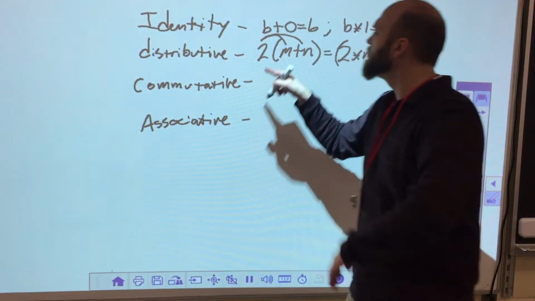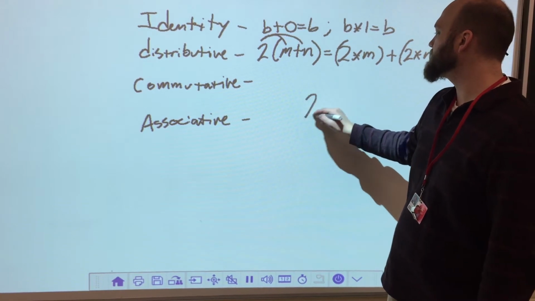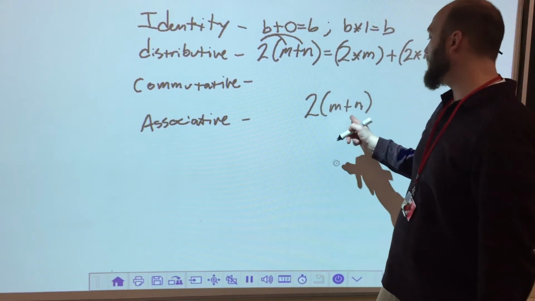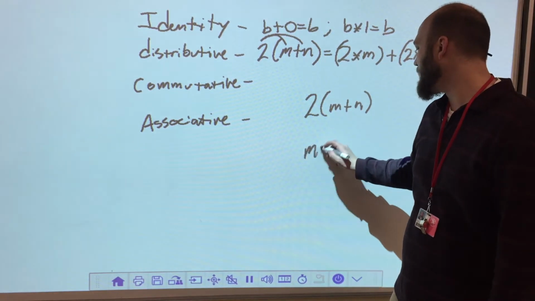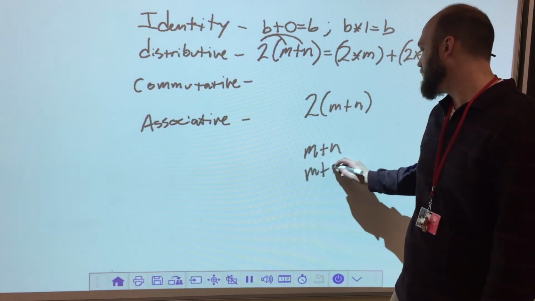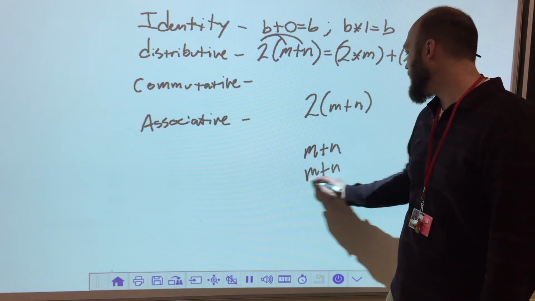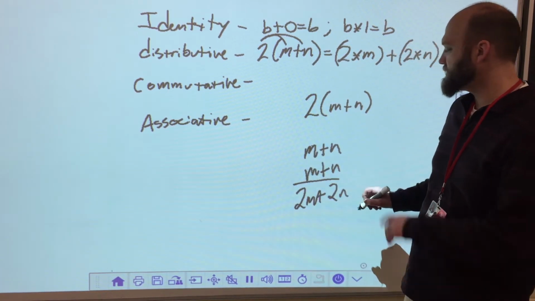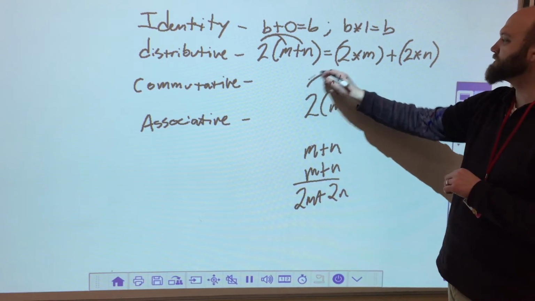And this might help because I have 2 times M plus N. Really what I'm saying is whatever this is, I have 2 of them. So I have M plus N 2 times. So when I add them together, I have 2 M's and 2 N's. So that's where your distributive property comes into play.